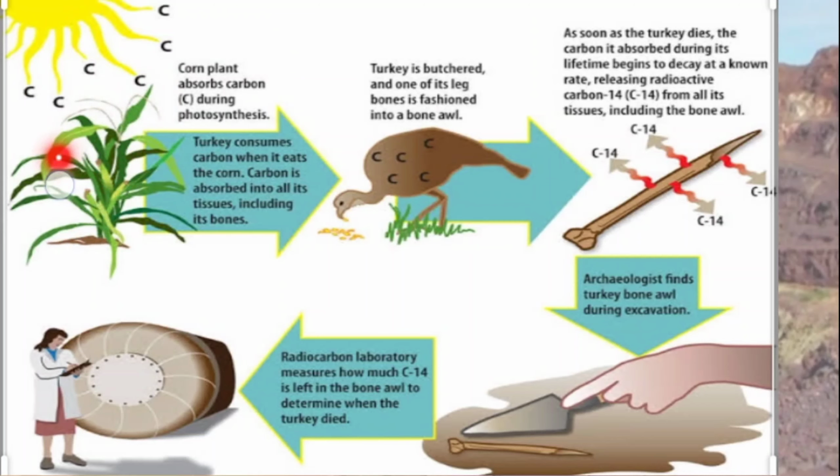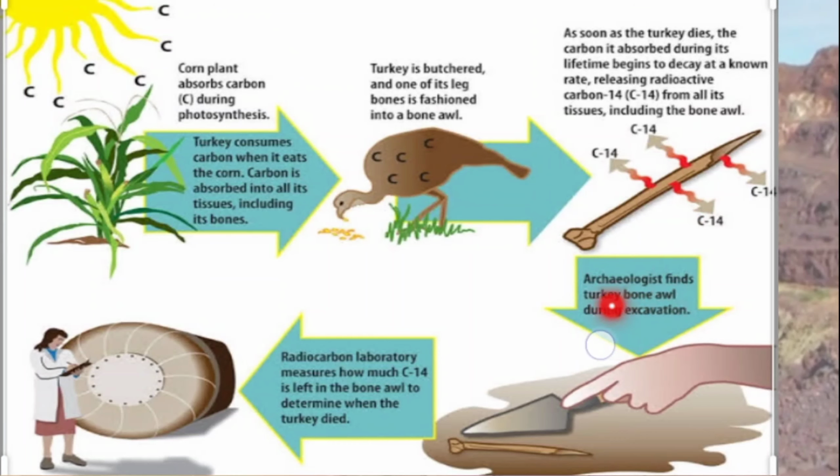The corn plant absorbs carbon during photosynthesis. The turkey consumes carbon when it eats the corn. Carbon is absorbed into all its tissues, including its bone. As soon as the turkey dies, the carbon it absorbed during its lifetime begins to decay at a known rate, releasing radioactive carbon-14 from all its tissues, including the bone owl.